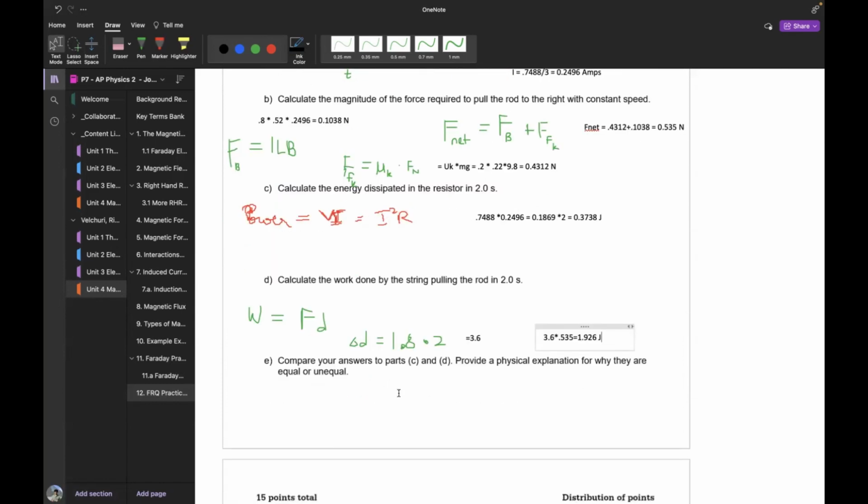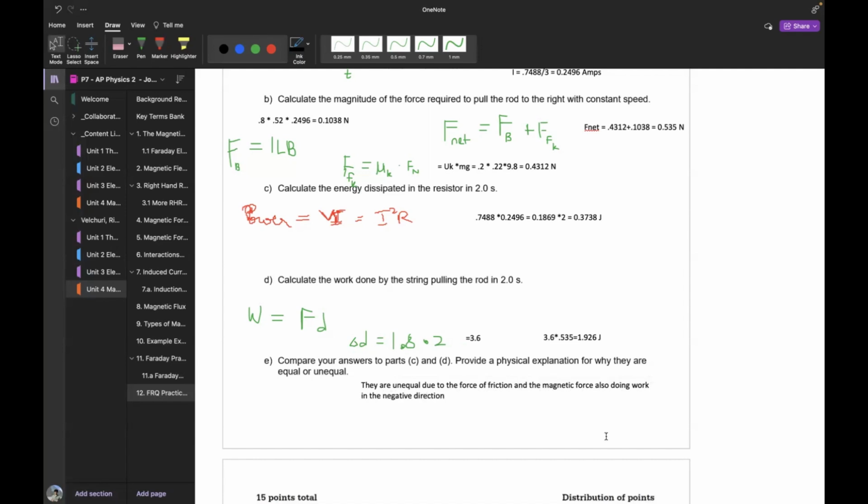Yes. So compare your answers by C and D and provide a physical application. So they are unequal. We can see that because friction and magnetic force are also doing work, in the negative direction.